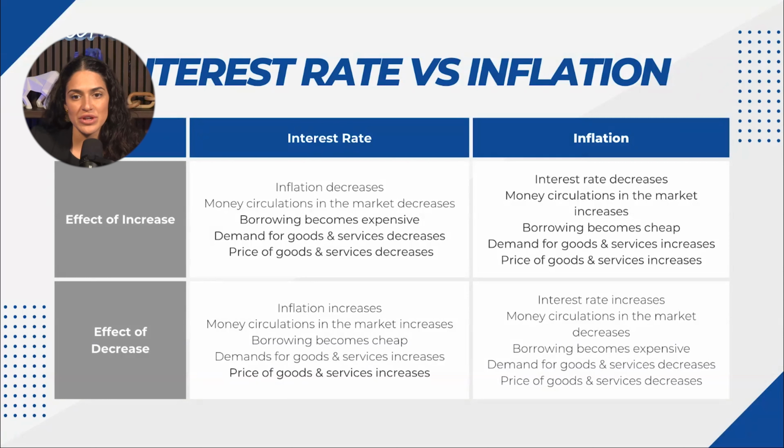And then that would essentially cause the money in circulation to decrease, again, because the cost of borrowing becomes more expensive. And therefore, if there's less money in circulation, then less money for people to buy things, which means demand and prices go down. So you'll see that they're all in a way kind of related, and they definitely are intertwined.